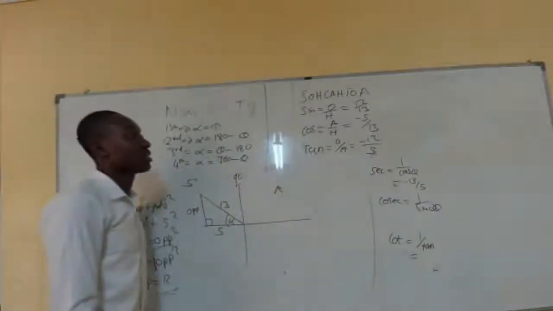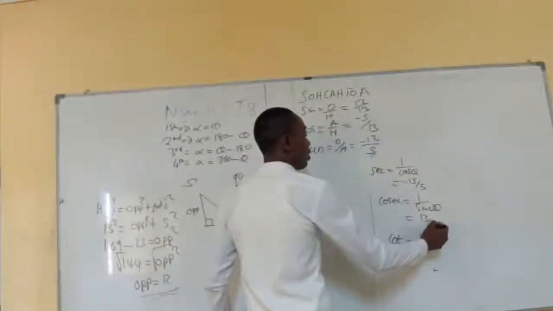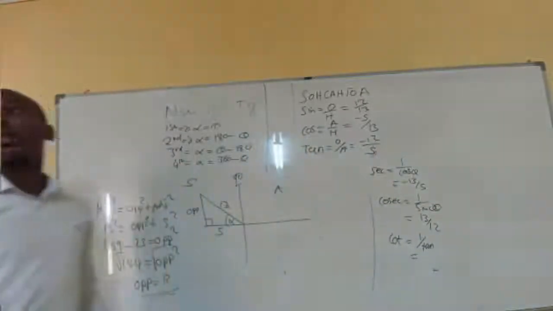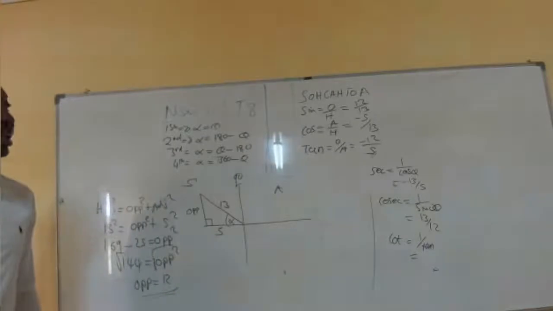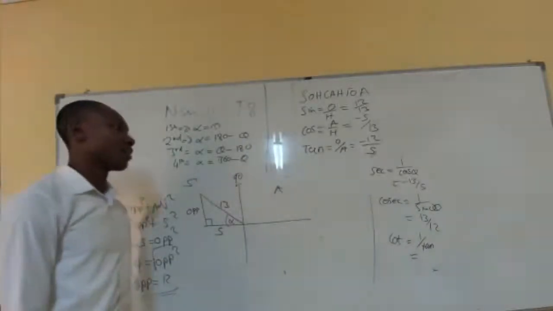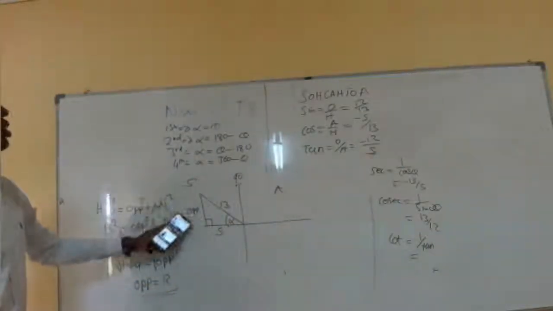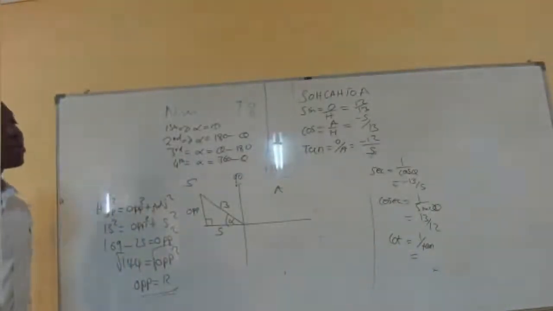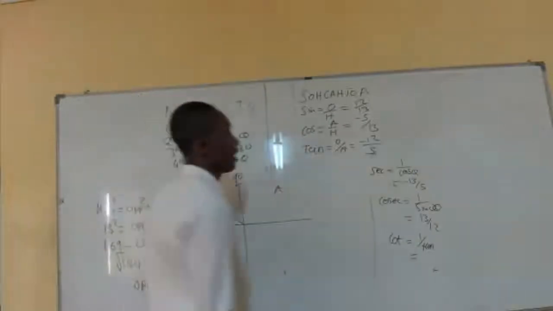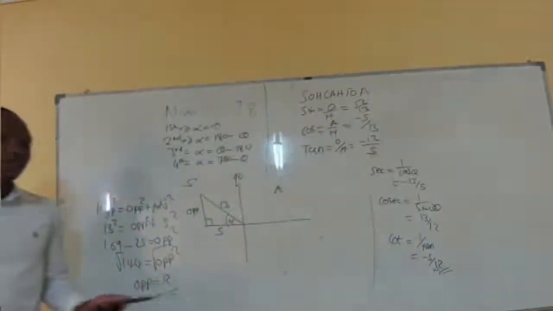Sine is 12 over 13, so this is going to be 13 over 12. Then the other one we have is cot. Cot is 1 over tan, and tan is negative 12 over 5, because opposite was 12 and adjacent was 5. But 1 over tan is the flip, so this is negative 5 over 12. So that's how we find that.